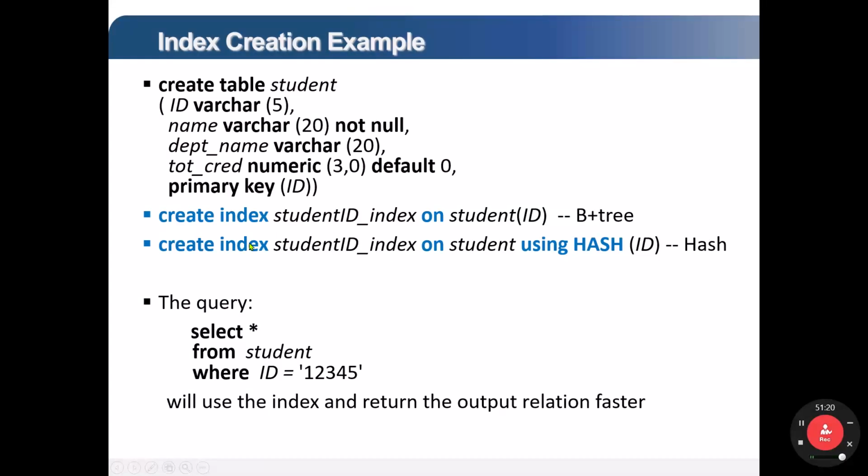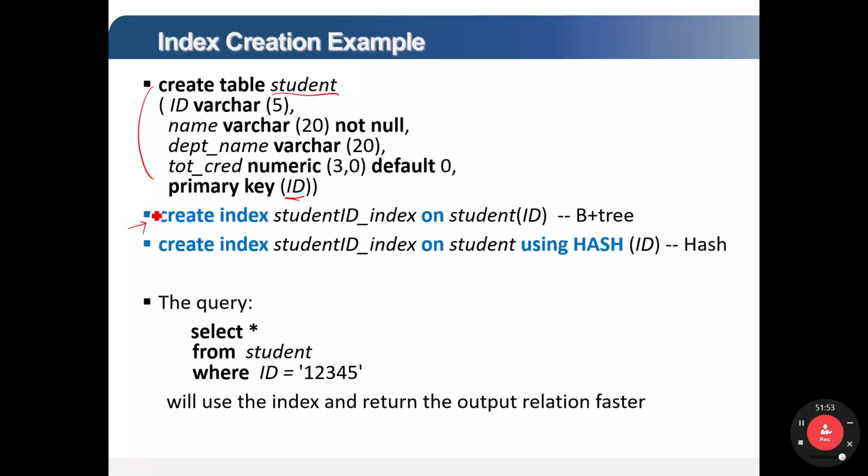So let's look at this example. This table is a student table, and ID is the primary key. You can create an index on name, or you can create an index on department name. But in my example, we are building an index on the primary key, ID.